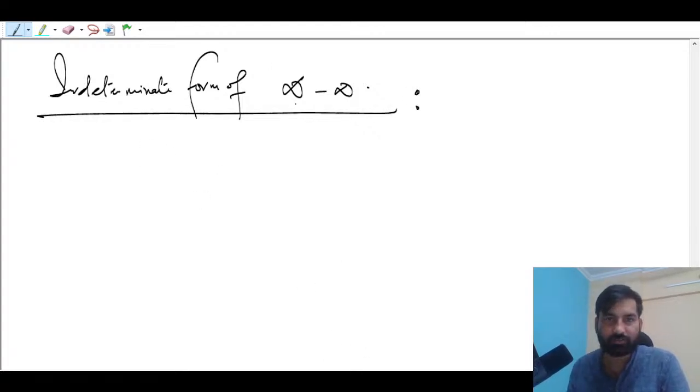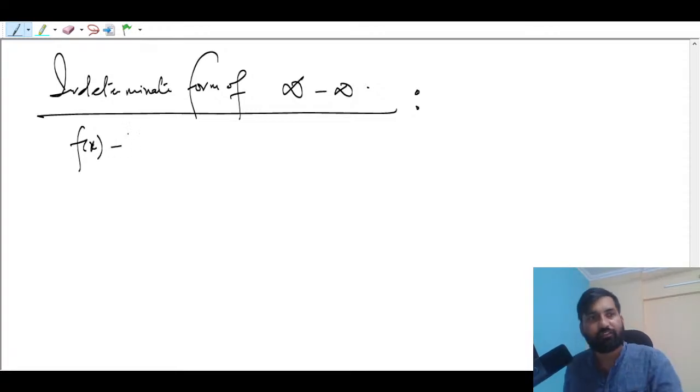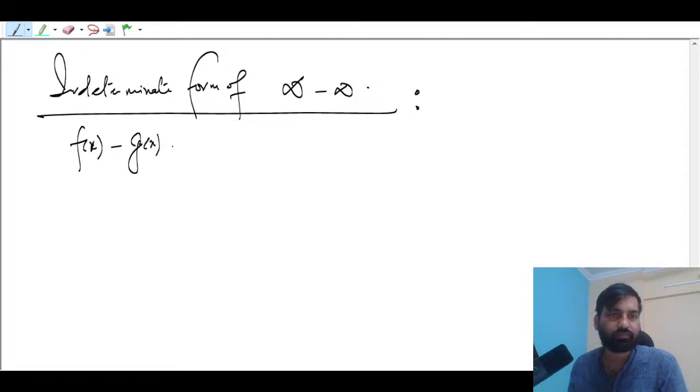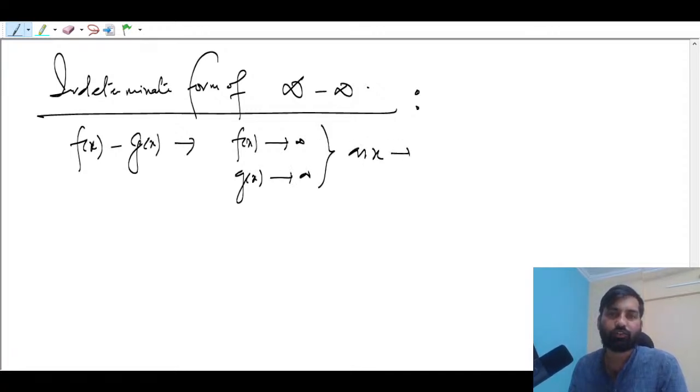Your given limit is like the limit of f(x) minus g(x), where f(x) is going to infinity and g(x) is also becoming infinity as x tends to a. So that is the indeterminate form.